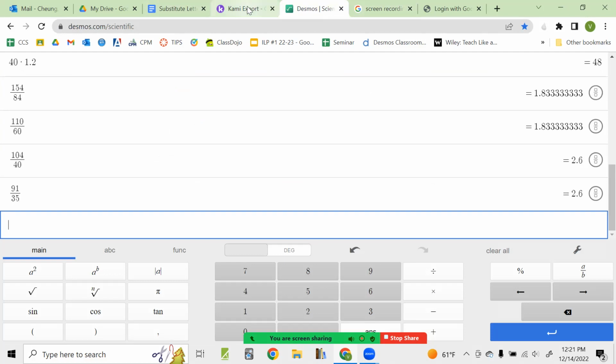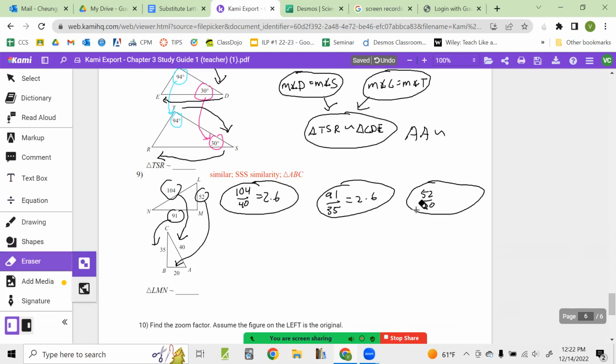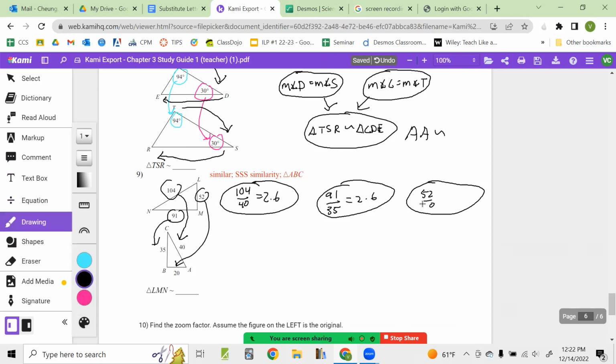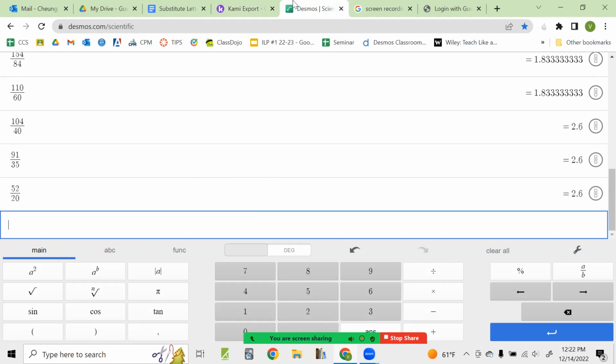Once again, we got 2.6. It's looking good. Last, 52 over 20, let's see. 2.6, okay.